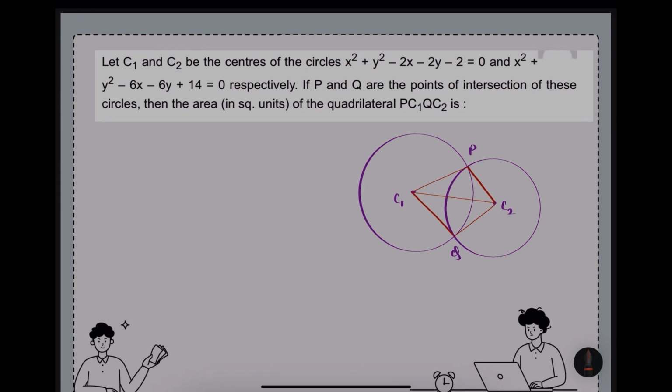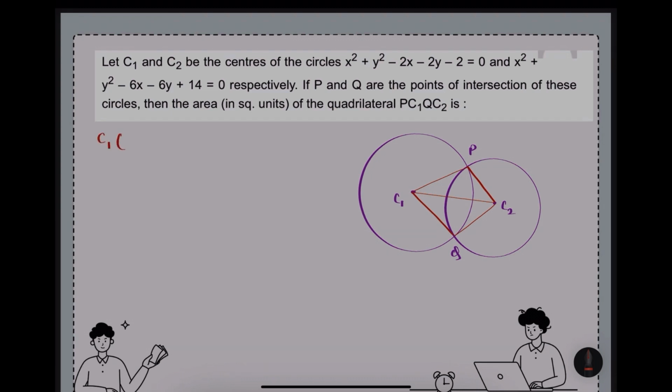So what I'll do, I'll go with g1. g1 is what? Coefficient of x by 2, minus 2 by 2. So it's minus 1. Actually, we have to find the center. If we find the center, it will become much easier. And for the center we will play with g1 and g2. So I'll go with center 1.